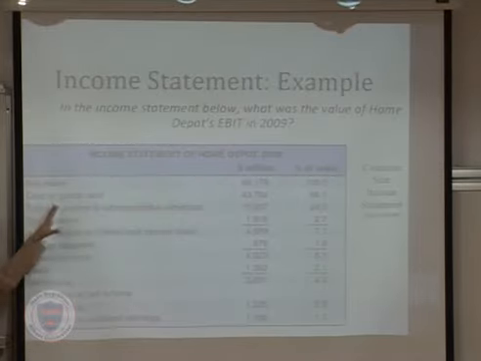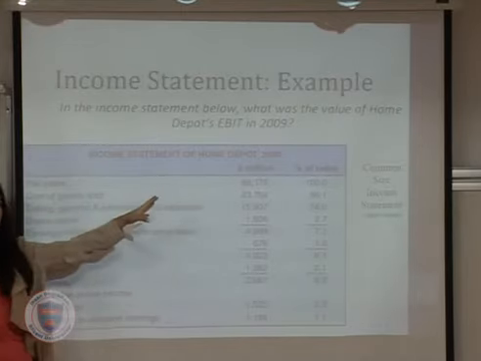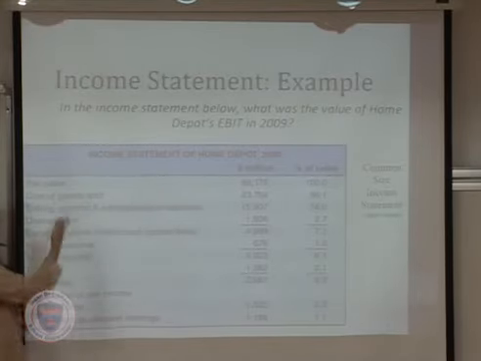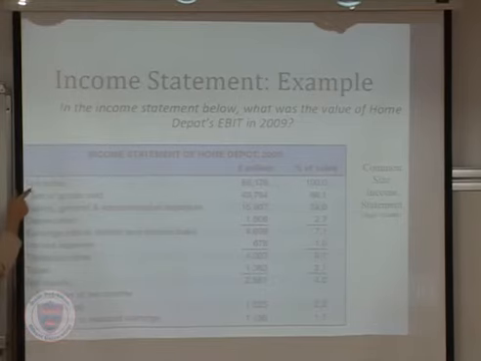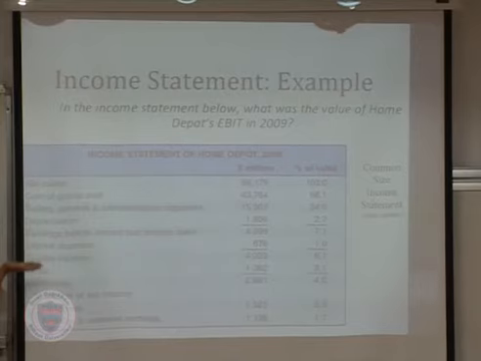So here we have a normal income statement and we have a common size income statement. Normal income statement starts with net sales, cost of goods sold, selling, general and administrative expenses, depreciation. Then you have EBIT, minus interest if you have debt, which will give you taxable income.